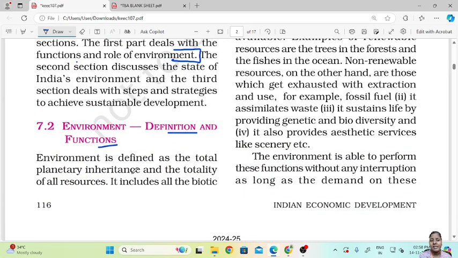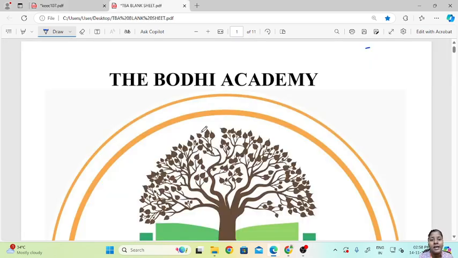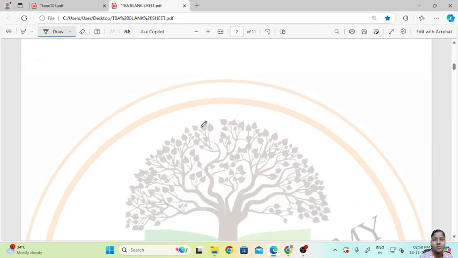Environment is the total planetary inheritance and the totality of all the resources. Environment includes two types of elements, biotic and abiotic.